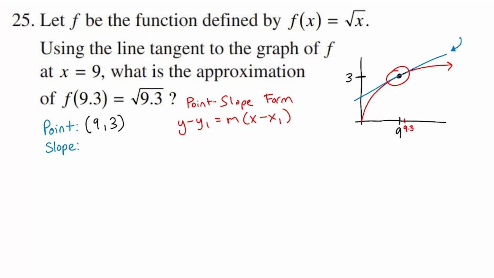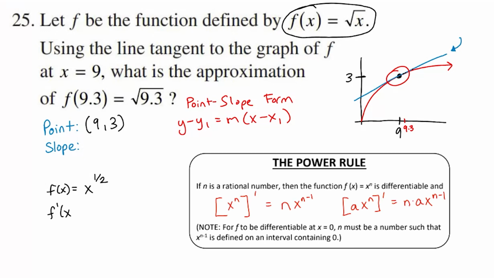Next, we need to find the slope of that tangent line. And to do that, we're going to need to differentiate f of x. F prime, or the derivative of f, represents a function that gives you the slope of f at any x value. So if we rewrite f of x as x to the 1/2 power, we can use the power rule to find f prime of x, or the derivative of f of x, which would be 1/2 x to the negative 1/2, or if we want to rewrite it using the square root, would be 1 over 2 times the square root of x.